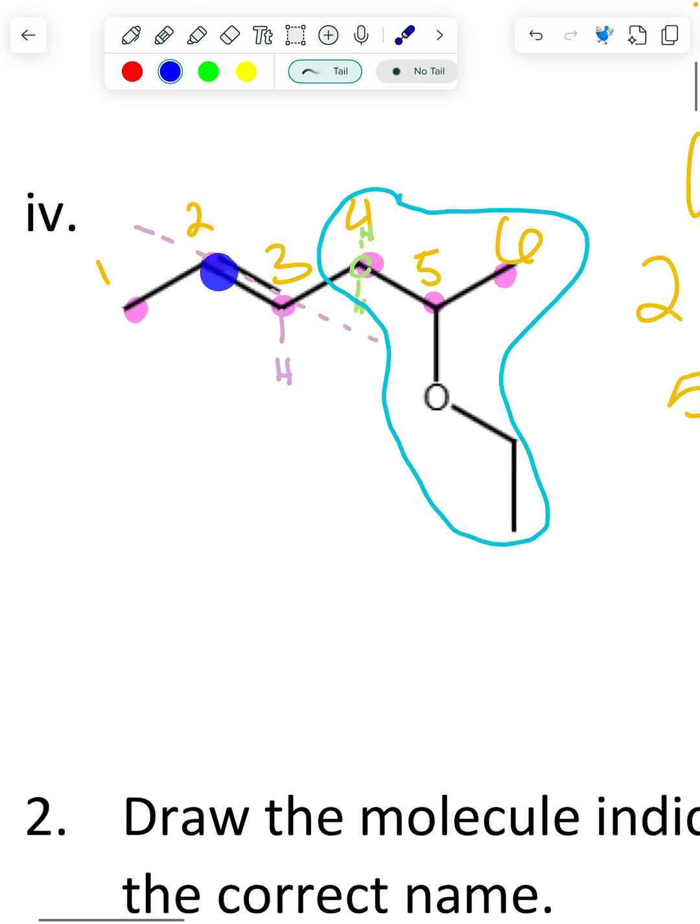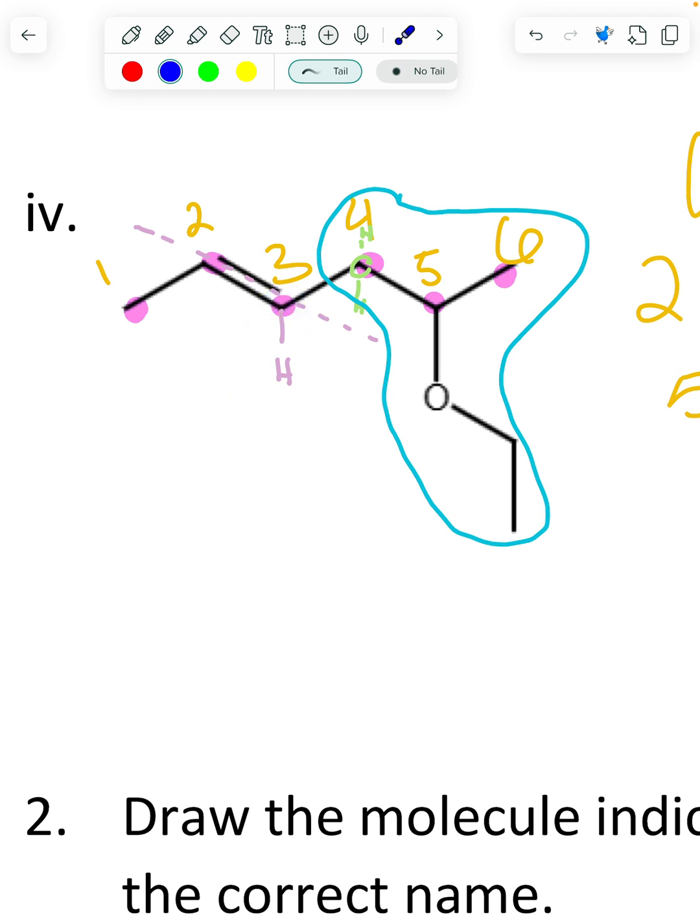Now we're going to go over to this carbon, and we know that it's not charged, so this carbon needs 4 bonds because carbon is a 4-bonder. And we know that this carbon is already bonded to 1, 2, 3. It already has 3 bonds. So we need to add another bond to make it stable. And the other bond's going to be the hydrogen, just like we did down here.